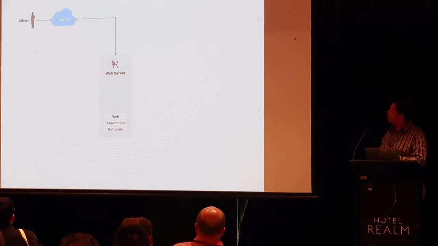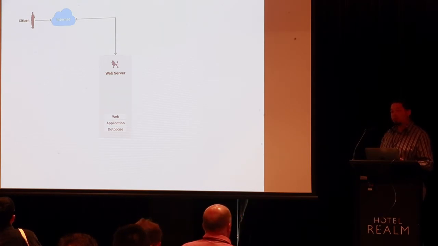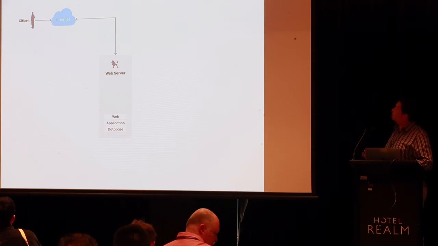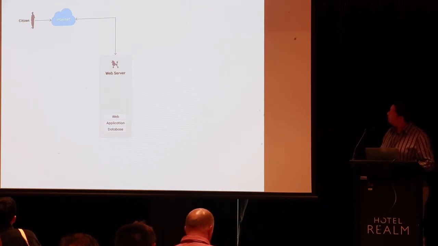This is the idea that people have probably heard of, the precious pet versus cattle idea. A precious pet is something where we can't lose this server because we rely on it completely. And it's not a great example of how to do hosting.